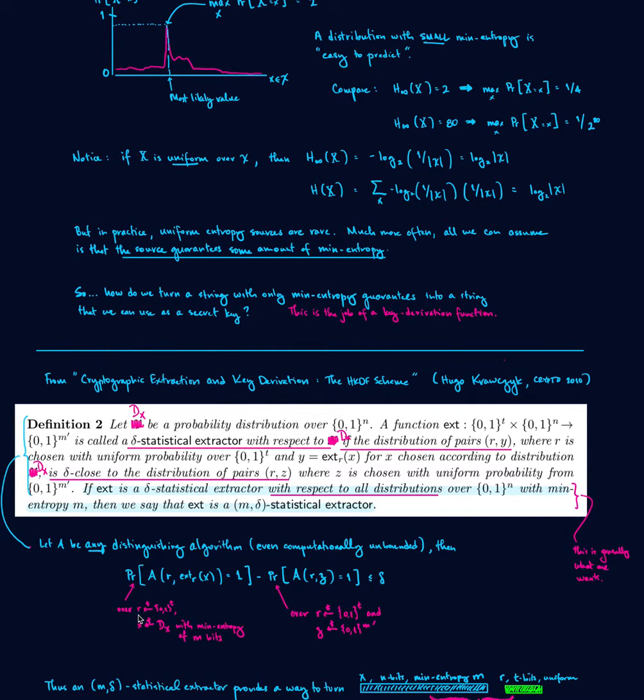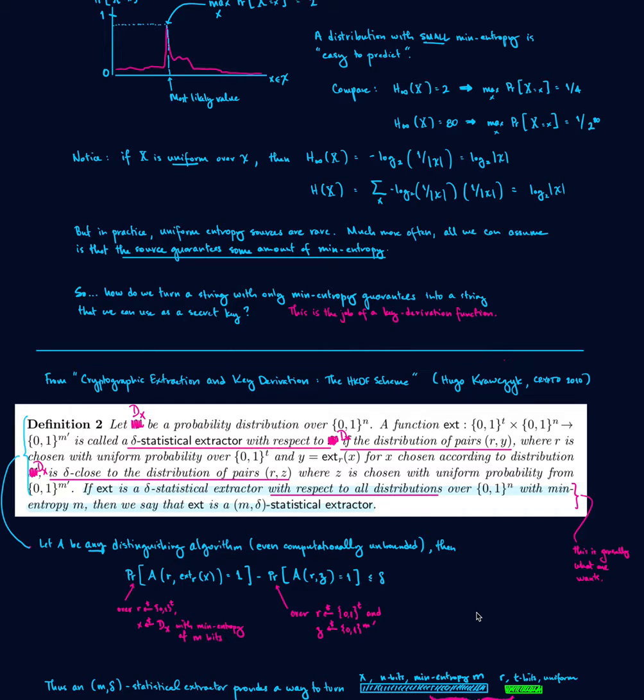Here this probability is over, as a reminder, the sampling of the seed randomness, sampling x from the starting distribution, and then running it through the extractor. This probability is over sampling of the seed randomness, and then a uniform sampling of a bit string of the same length as the extractor output. That's what it means to be a delta statistical extractor with respect to this particular distribution.